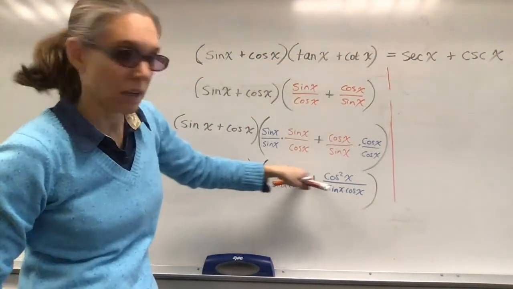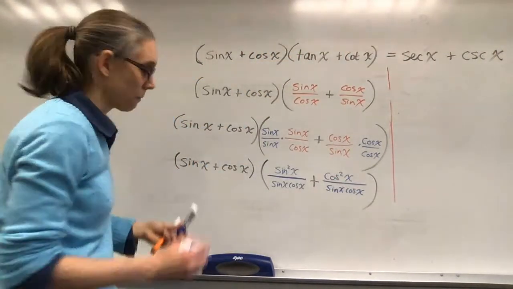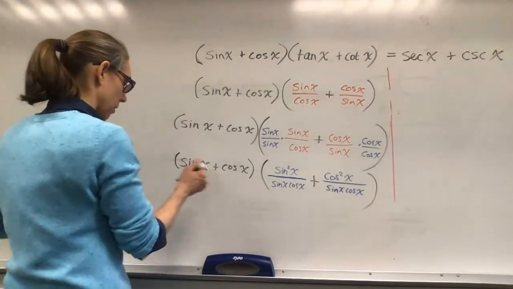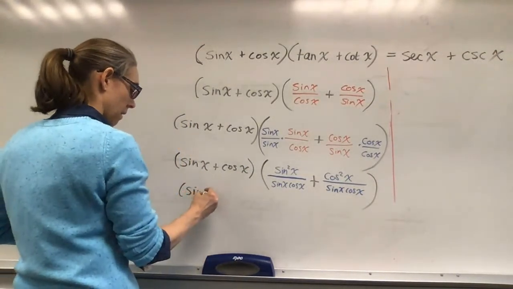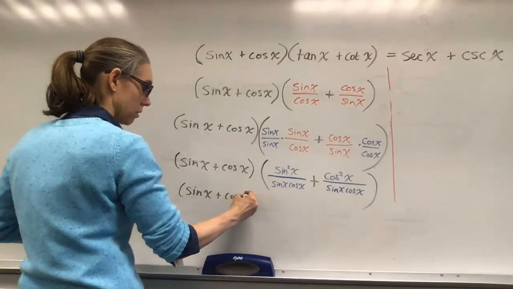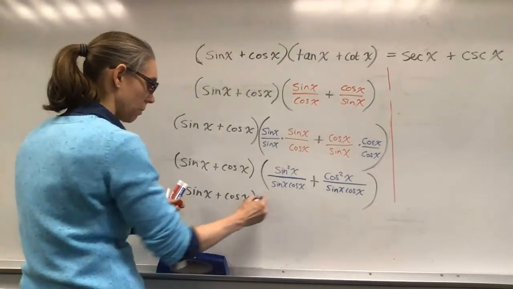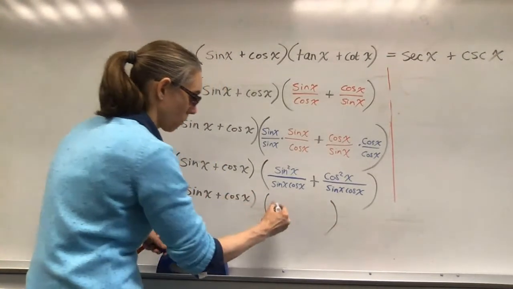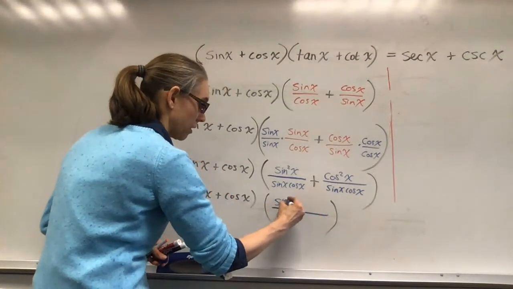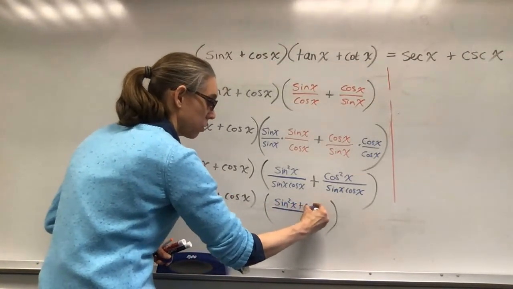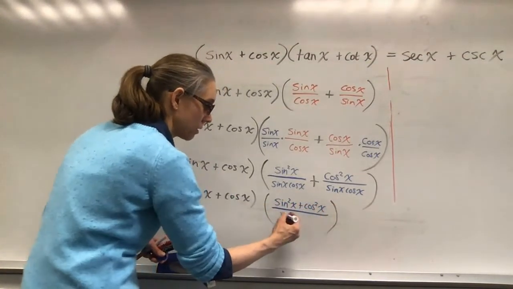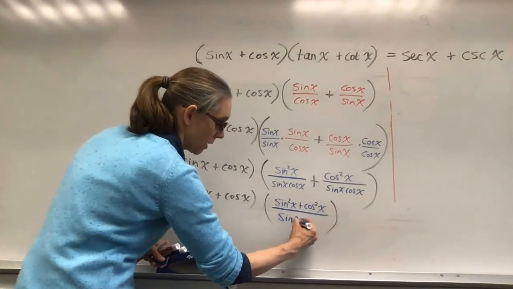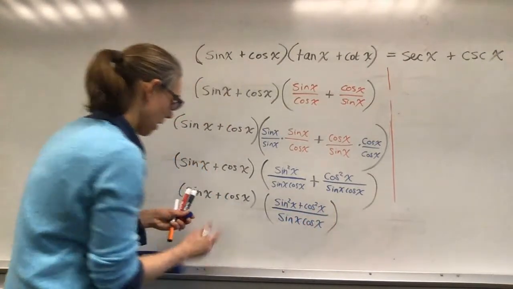This is a really good thing, having a sine squared plus a cosine squared, right? So let's keep going here. Sine x plus cosine x. Now I'm going to combine this into one fraction. So I have a sine squared x plus cosine squared x over sine x cosine x.